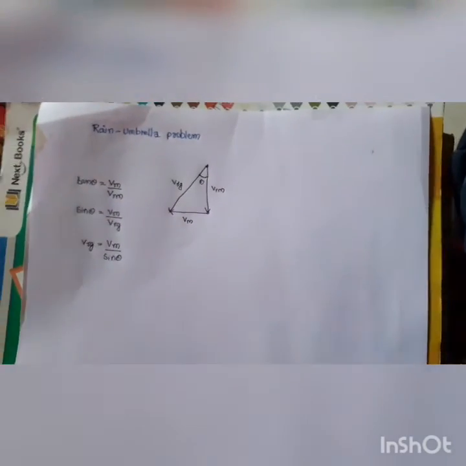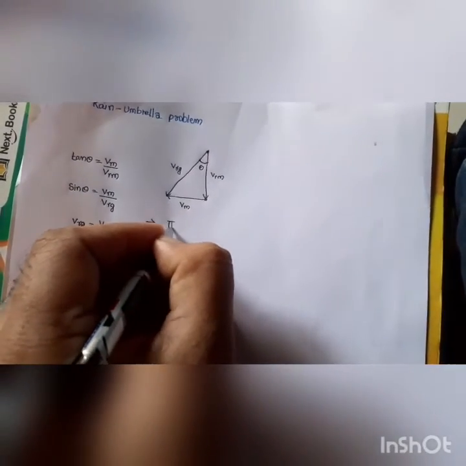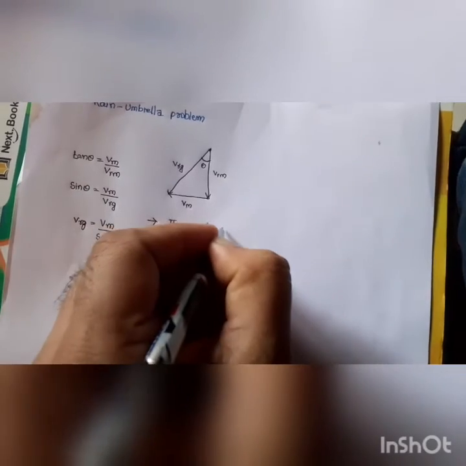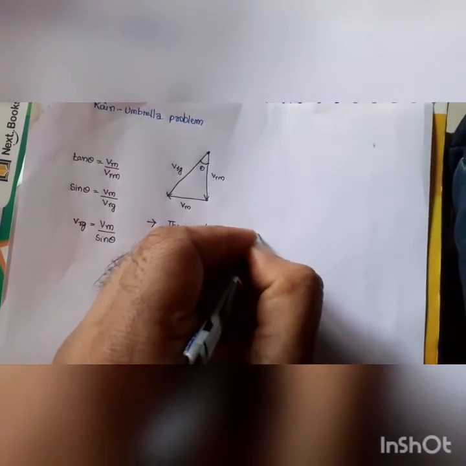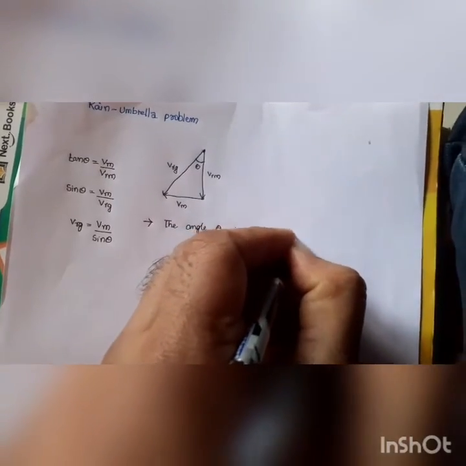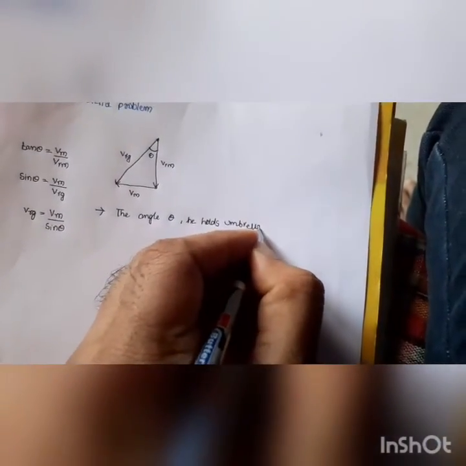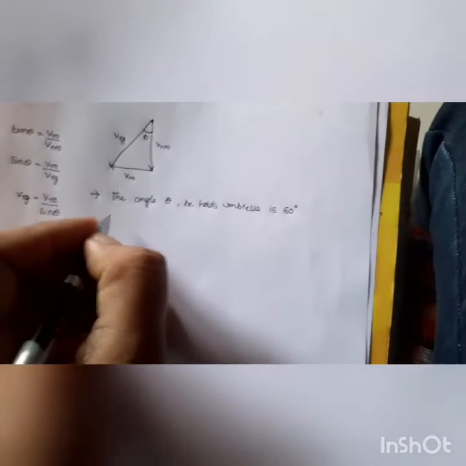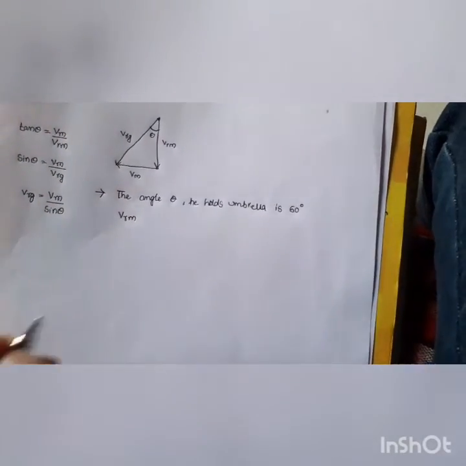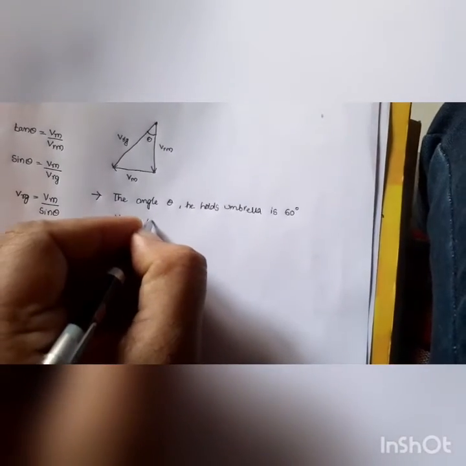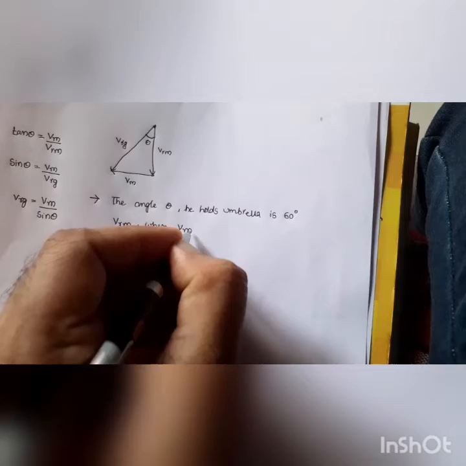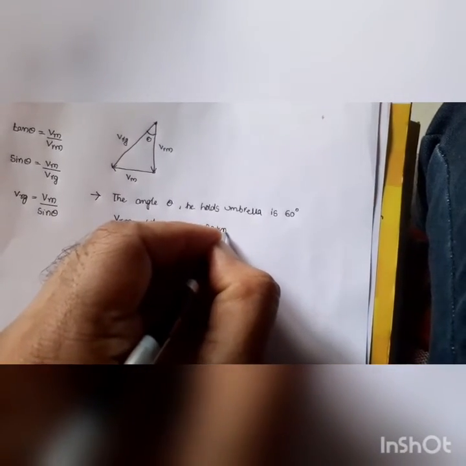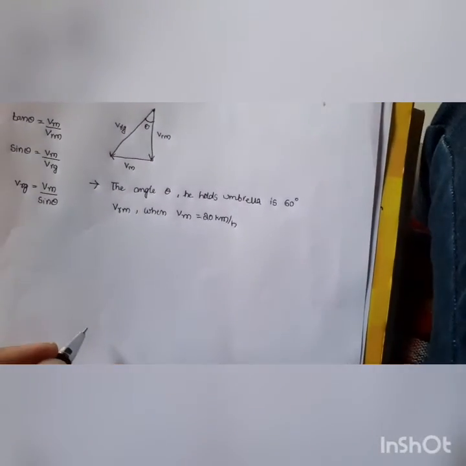Now let us take an example. Here let us consider the angle at which he holds the umbrella is 60 degrees, and they are asking us to find the velocity of the rain with respect to the man when the velocity of the man moving on the ground is 20 kilometers per hour, kmph.